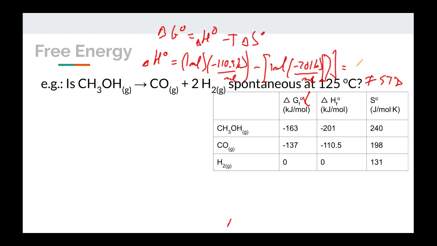And when I sum those up, I get 90.5 kilojoules.